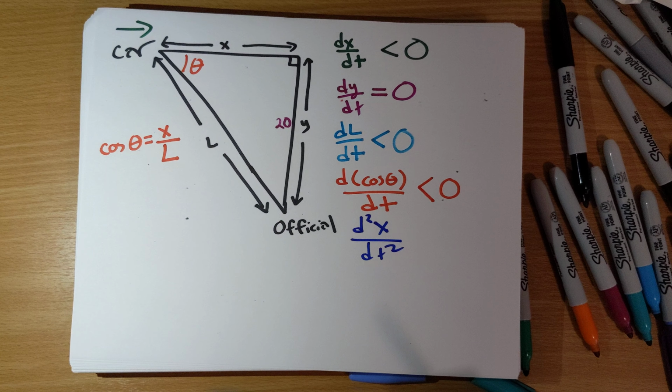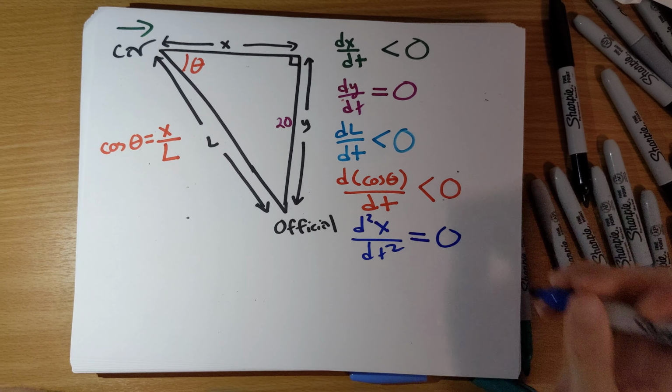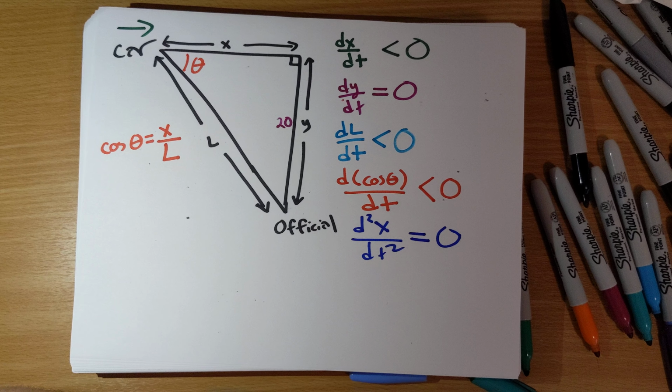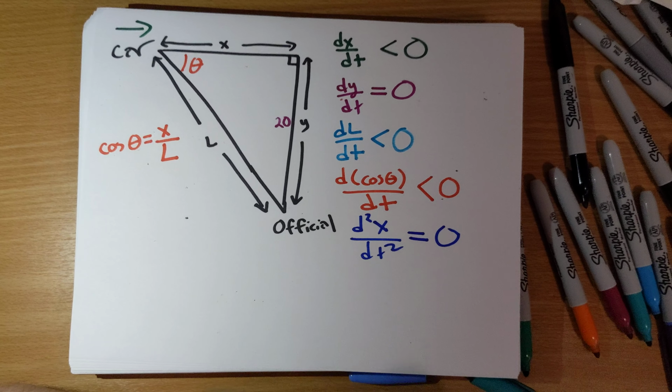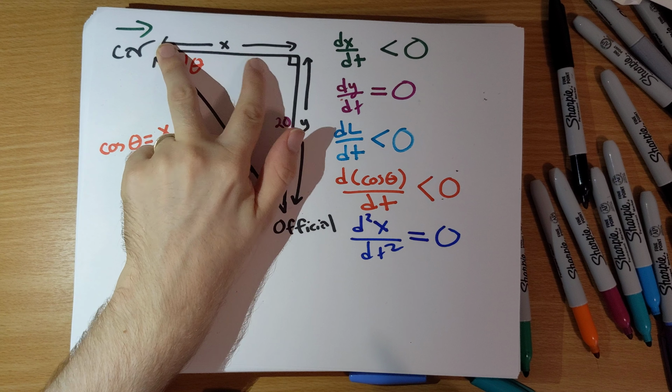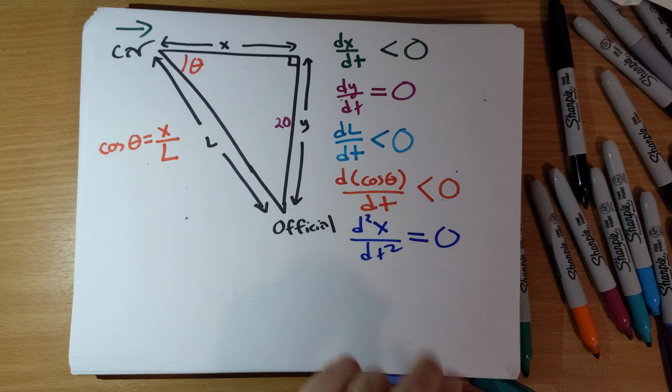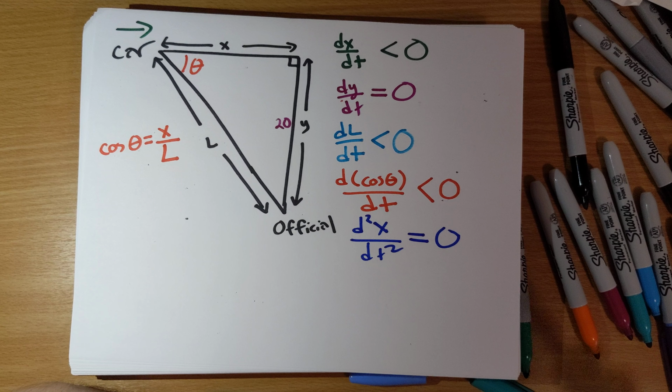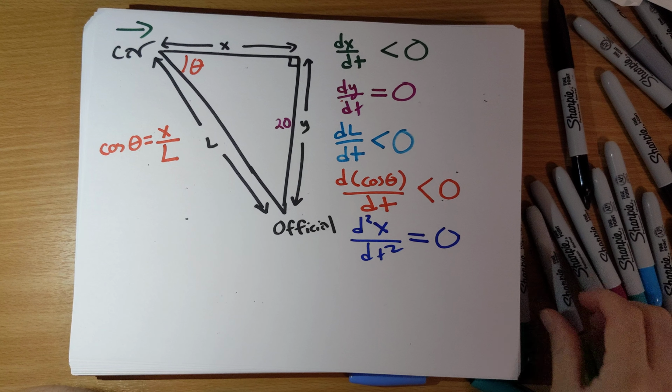That means the car is not accelerating. And so the second derivative here is talking about acceleration. There's no acceleration. X is shrinking at a constant rate. The second derivative here is 0. Okay, that's the first 5 parts here.